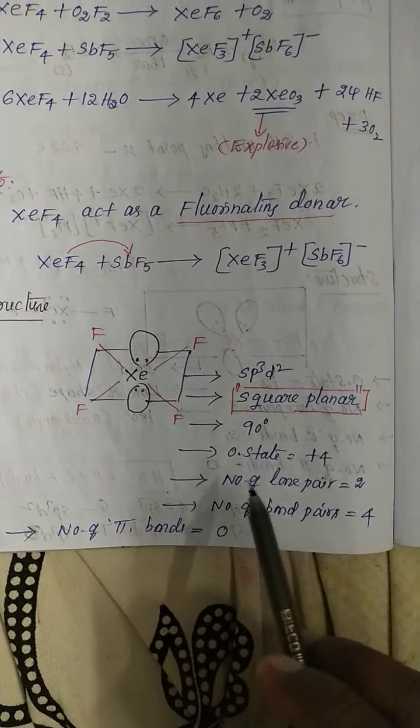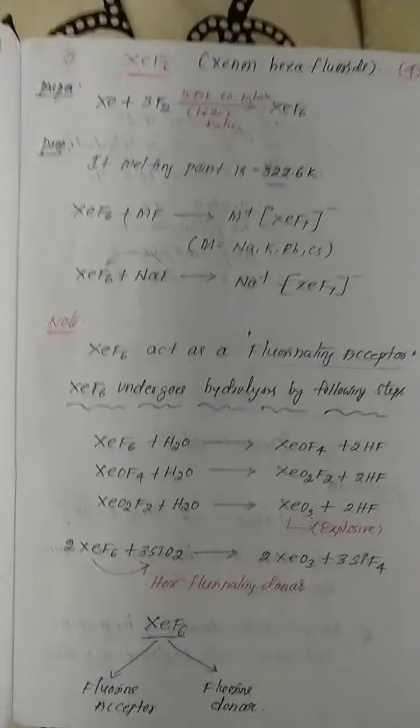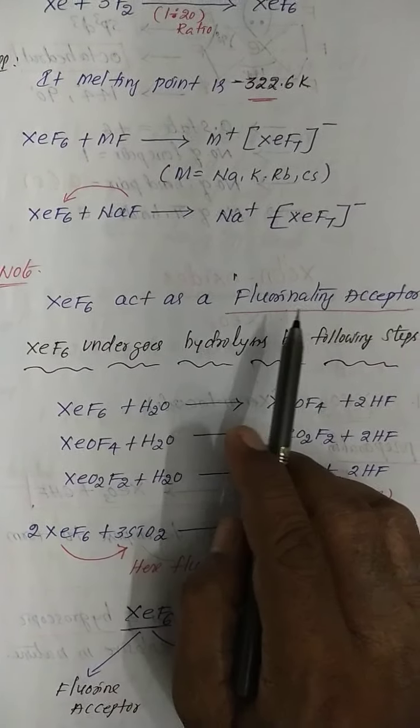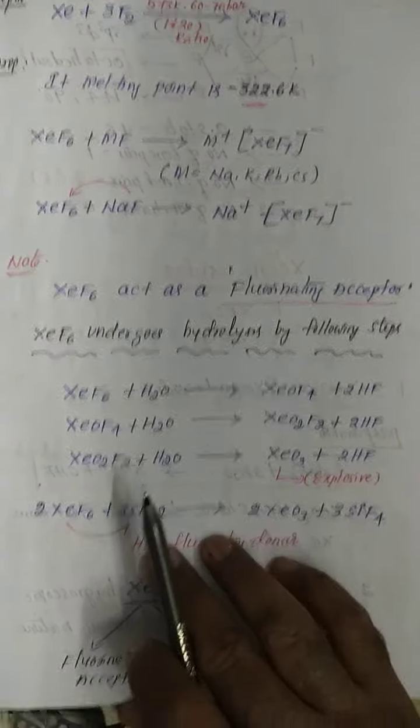For example, instead of MF, sodium fluoride: Na plus XeF7 minus. So xenon hexafluoride acts as a fluorinating acceptor. See, this is important for NEET level as well as board level.